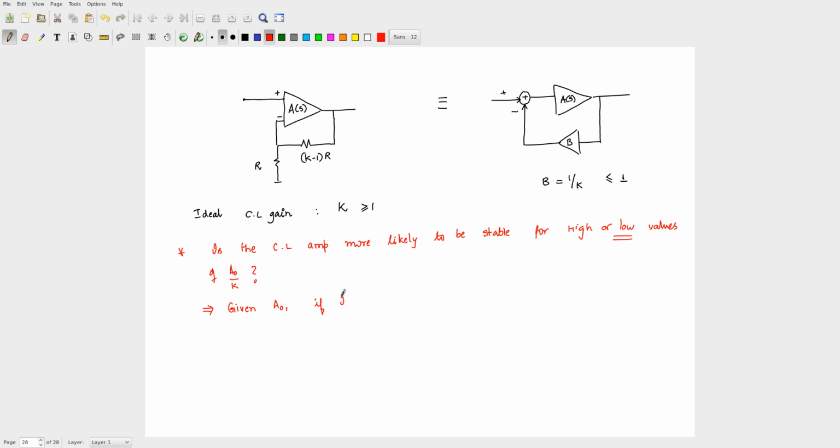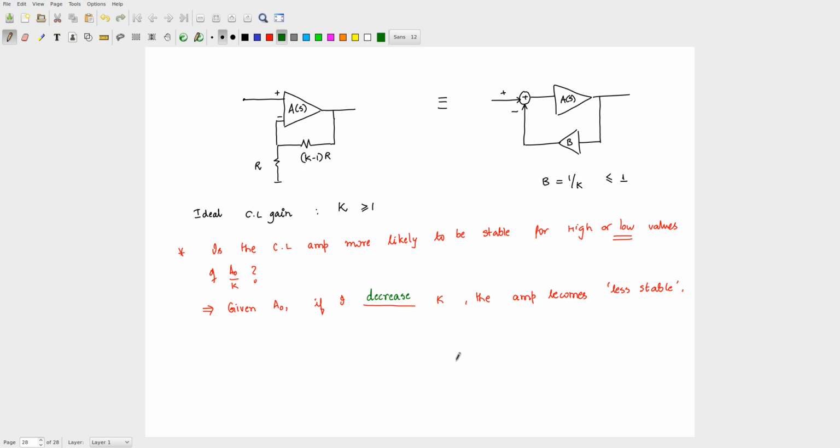Careful. If I fill this k, the amplifier becomes less stable. Okay, this less stable and more likely are just very colloquial usages, but you get the idea. What should I fill here? Decrease. Is that right?